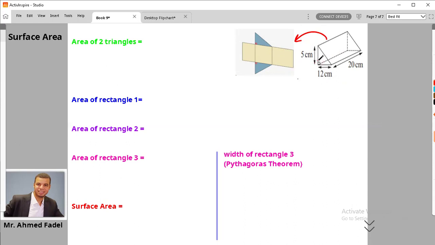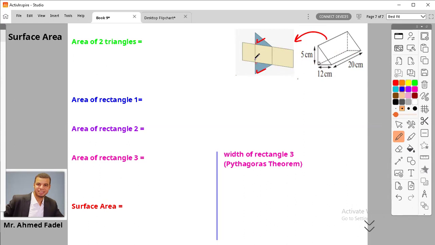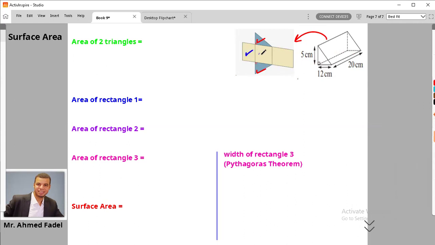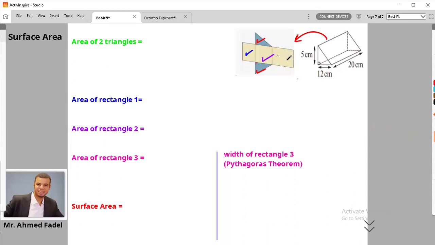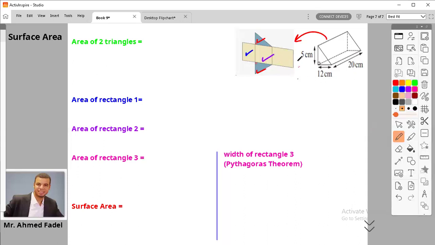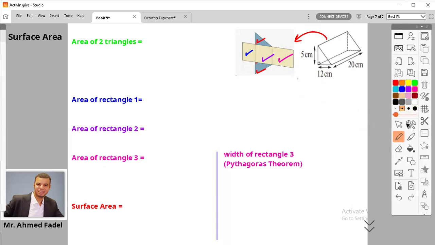I don't need to draw it, but at least I need to imagine it. This shape has two right-angled triangles, and then you have a rectangle, and another rectangle, and another rectangle. So I have three rectangles and two right-angled triangles.